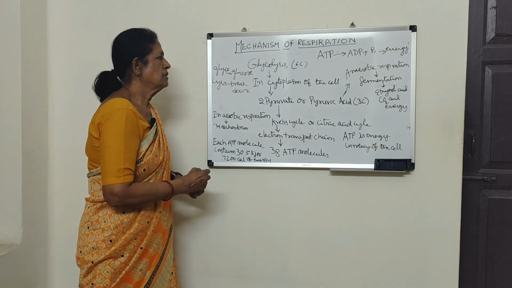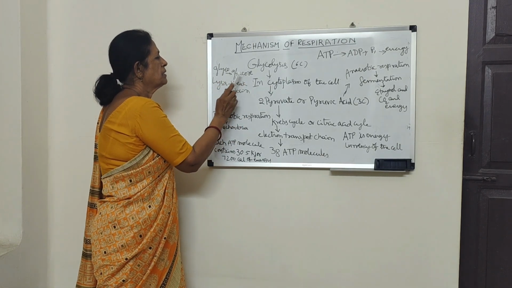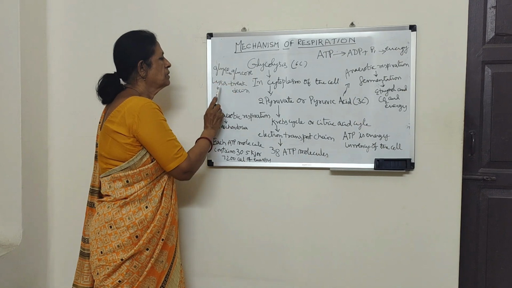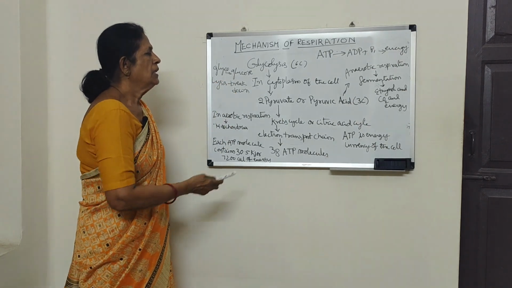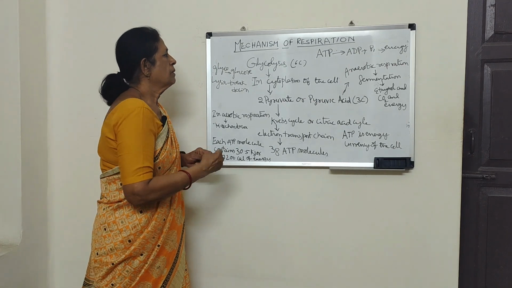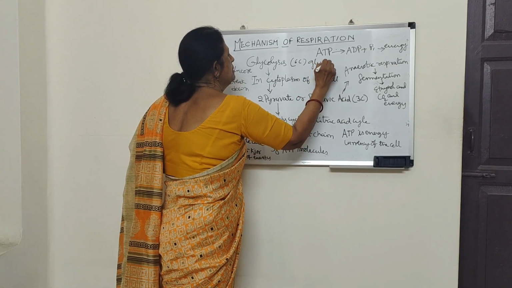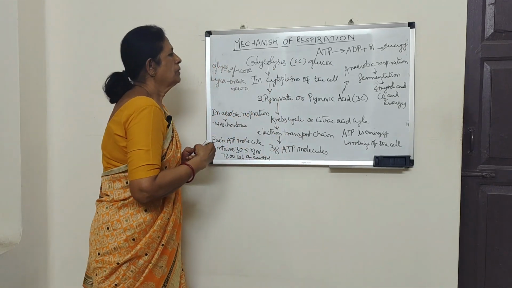What is glycolysis? Glyco means glucose, lysis means breakdown. Glucose is the simplest form of carbohydrate.